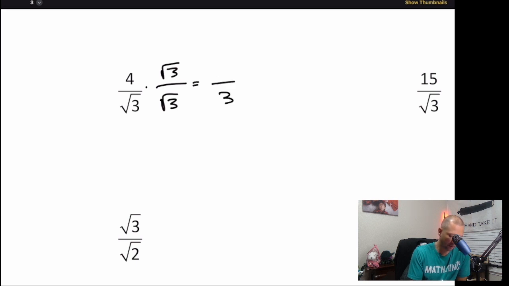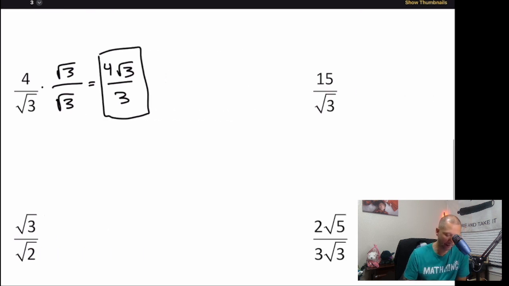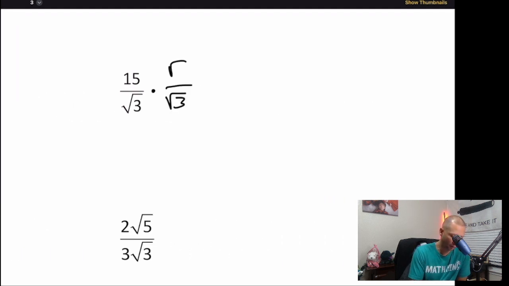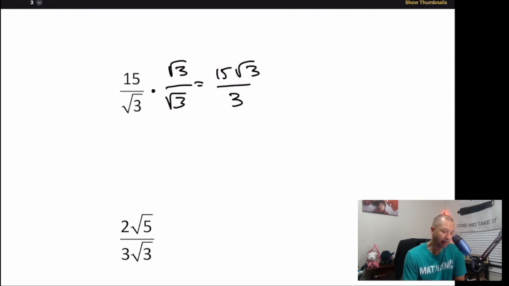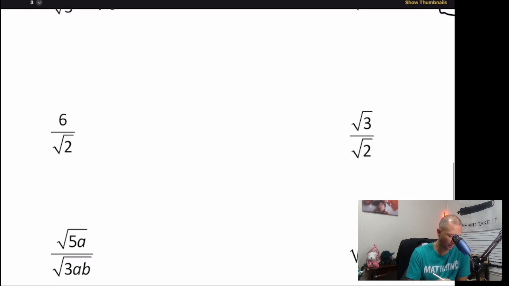This is going to be 3 over 4 root 3. Not bad. Root 3 over root 3 is going to be 3, 15 root 3. Here, we can simplify further, right? 3 goes into 3 once, 3 goes into 15 5 times. So 5 root 3.